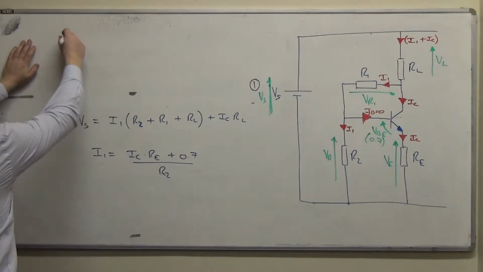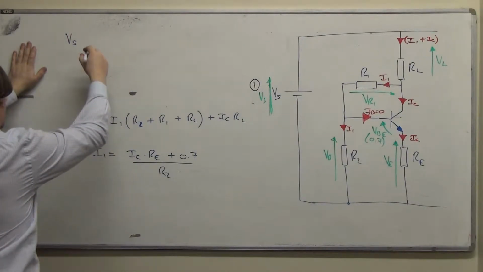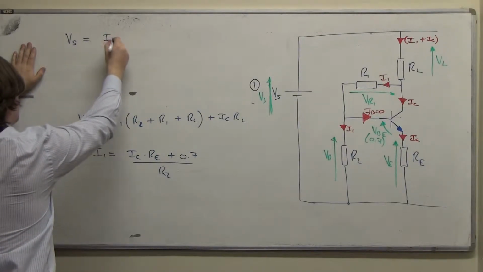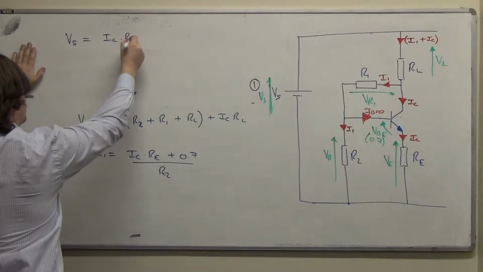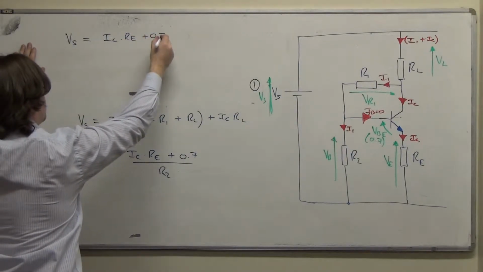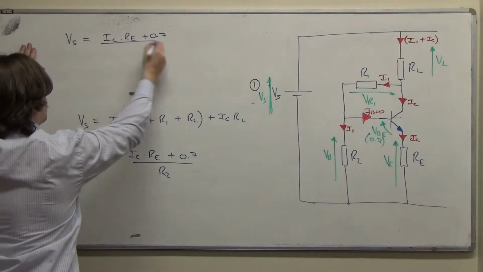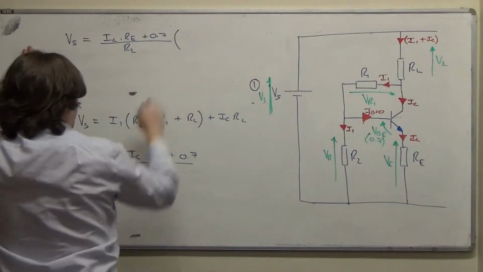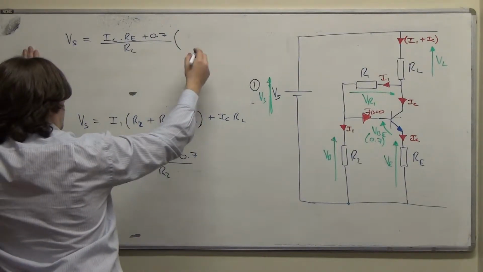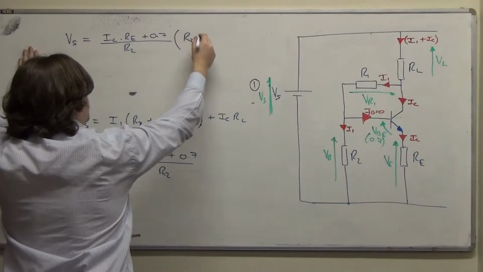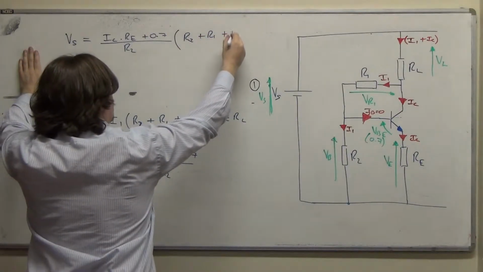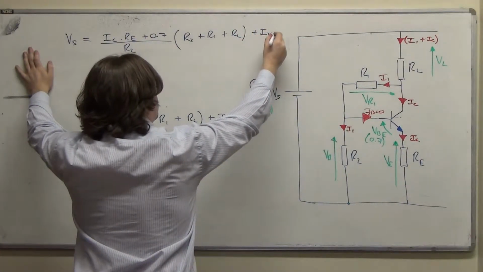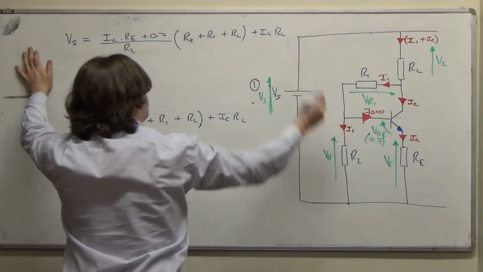So we'll do VS is equal to IC times RE plus 0.7, divided by R2, multiplied by all the stuff in the bracket, which is R2 plus R1 plus RL, close the bracket, plus IC times RL.